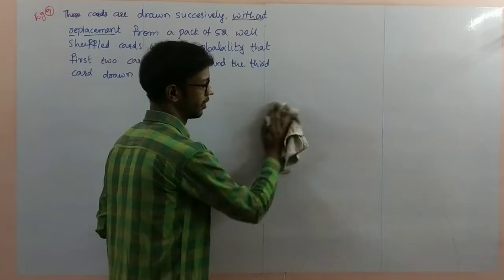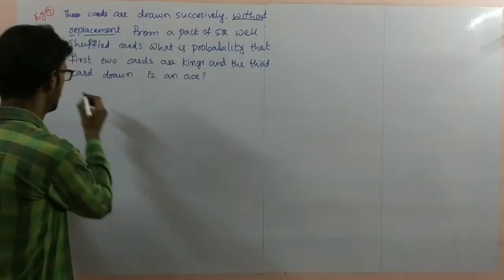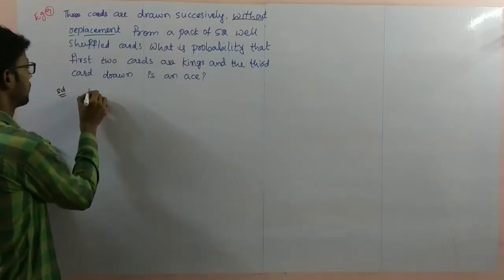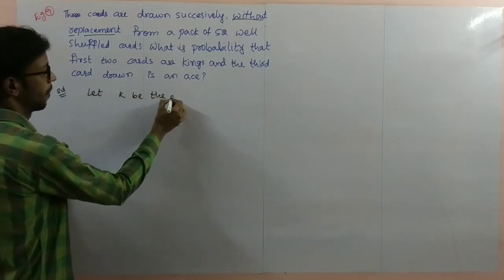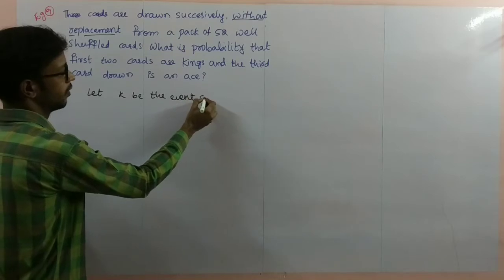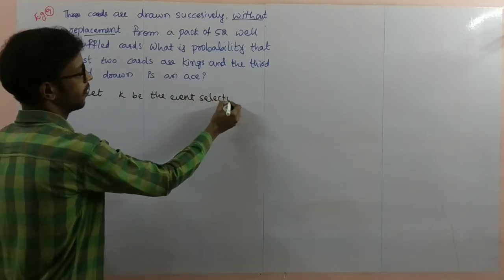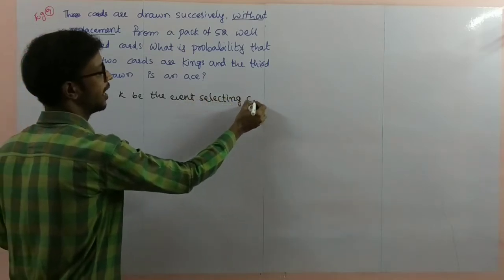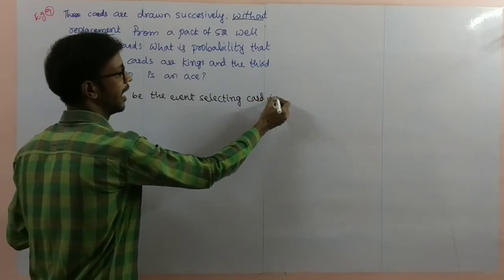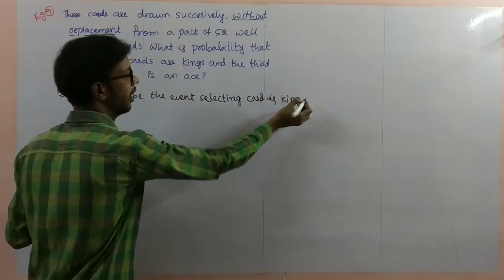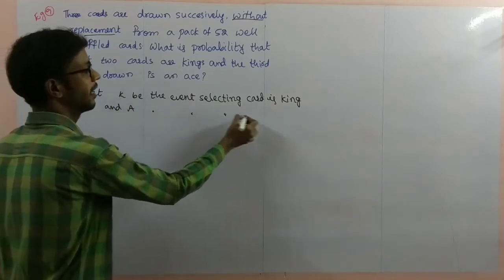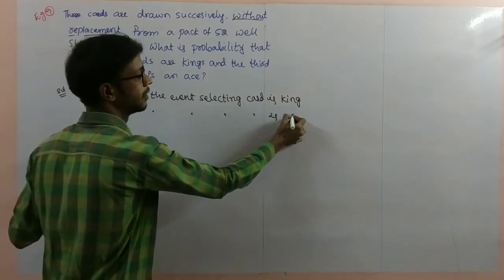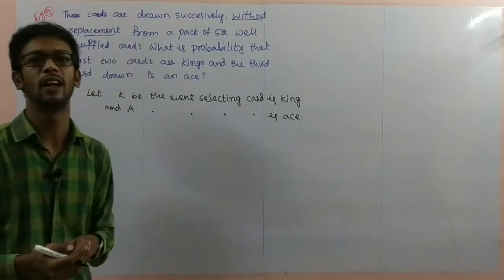I'll take the events first of all. Let K be the event selecting a card that is king, and A is the event selecting a card that is ace.